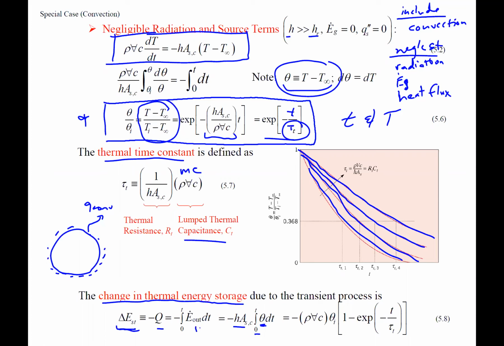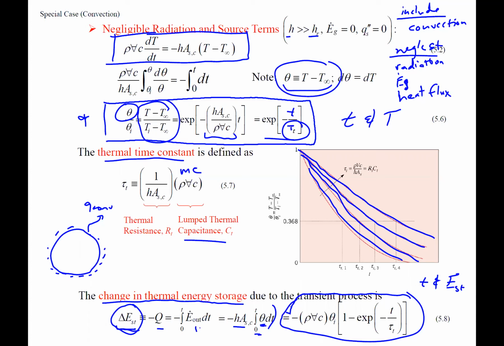So we have to integrate. If we integrate theta, which we can get by rearranging this equation for theta, we end up getting that this is related to this, which shows time and energy, the energy stored.